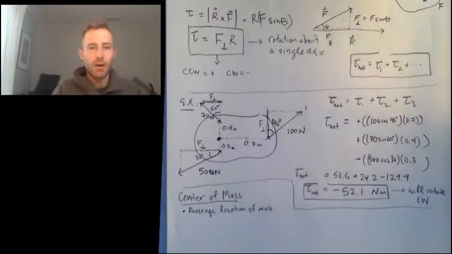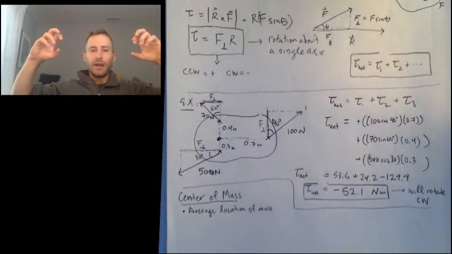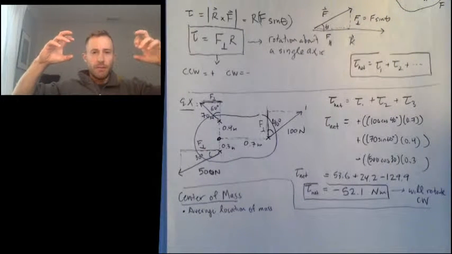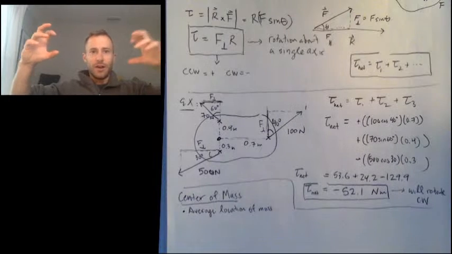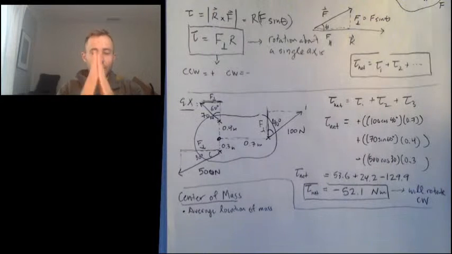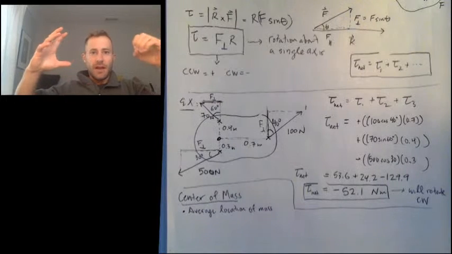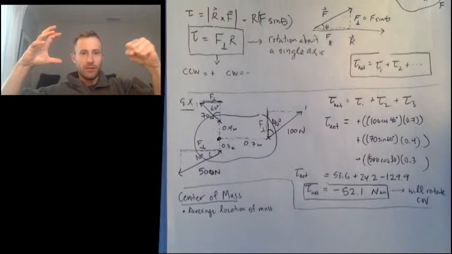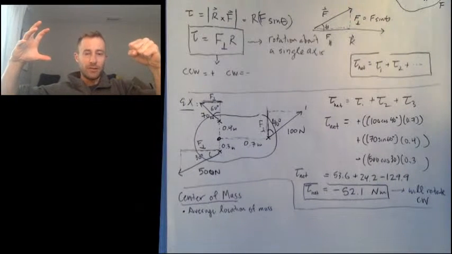If you have a dumbbell and the masses on either side of the dumbbell are equal to each other, then the center of mass is going to be in the geometrical center of the dumbbell. But what if you had an asymmetrical dumbbell where there's a little mass on this side and a big mass on this side?